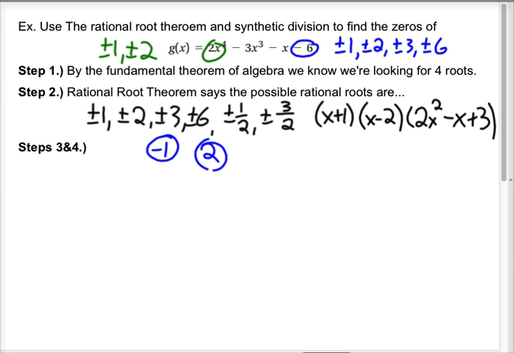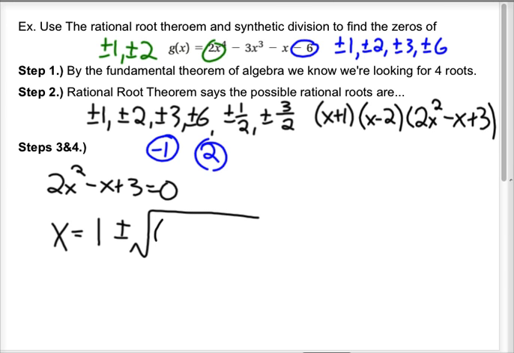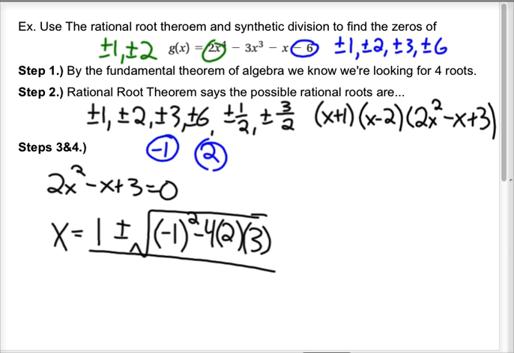So we have 2x squared minus x plus 3 equals 0. I'm going to use the quadratic formula. X equals negative b plus or minus square root b squared minus 4 times a times c, all over 2 times a.